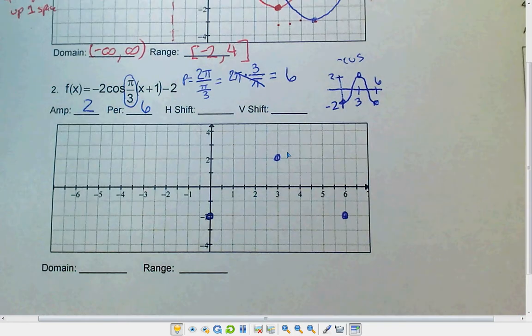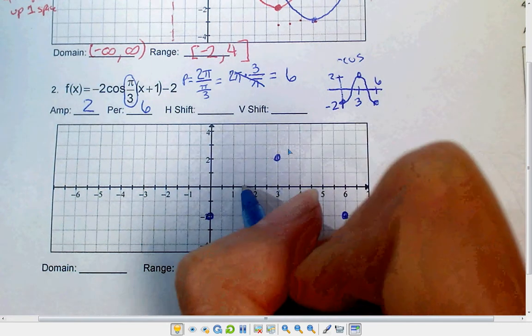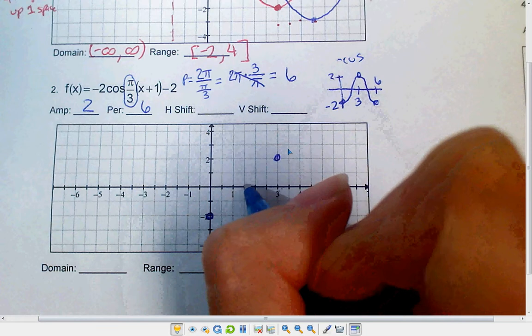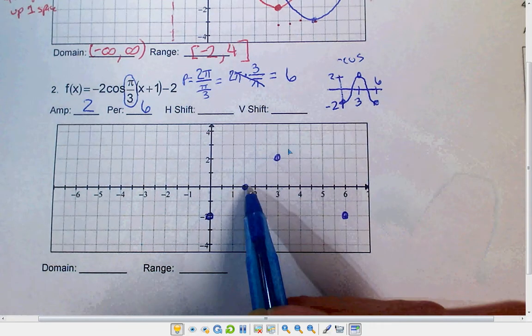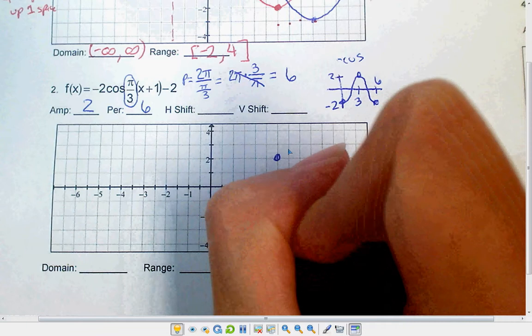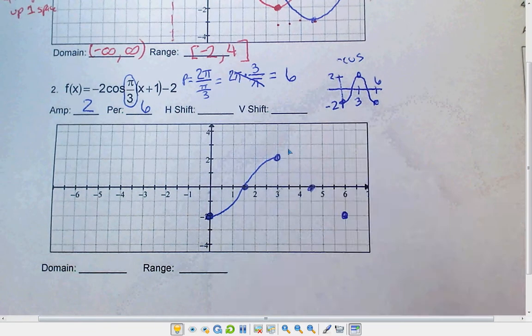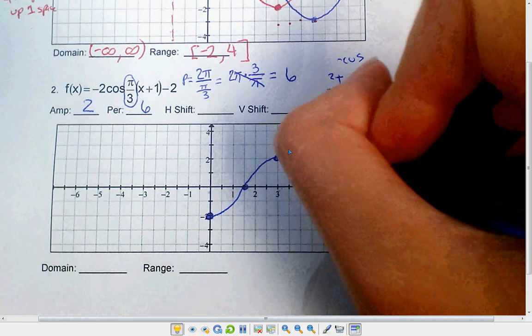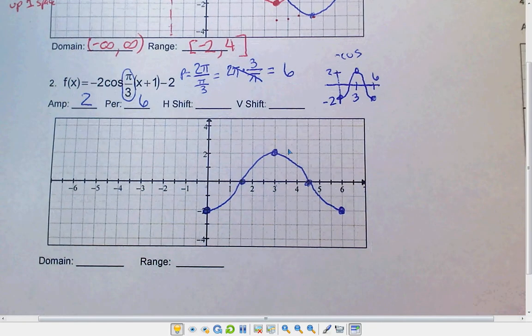And to make our graph a little bit more accurate, we know that in the middle of 0 and 3 it's going to hit the x-axis, so I can make another point here at 0. Because halfway in between here is where it should cross the x-axis. So let's connect them. Halfway in between 3 and 6 is right here. That's where it hits a 0. So that's what my graph looks like with just amplitude and period.